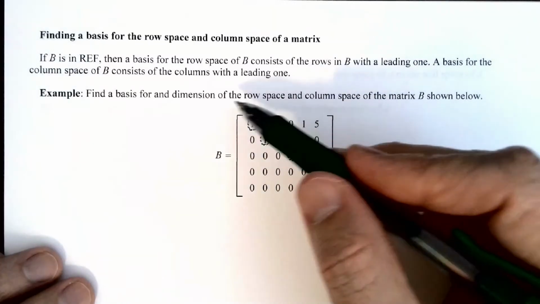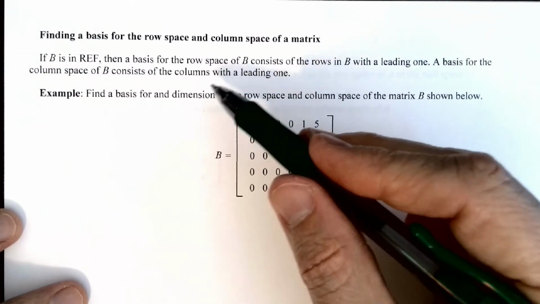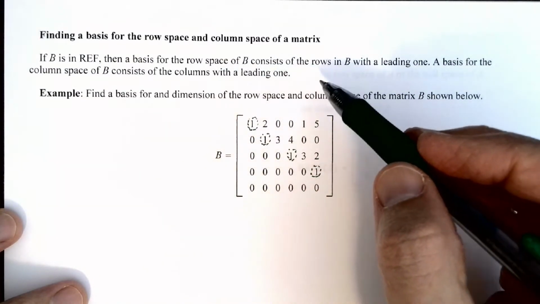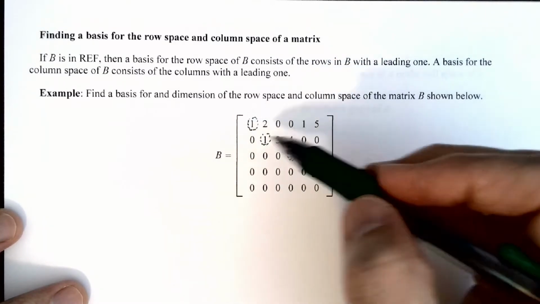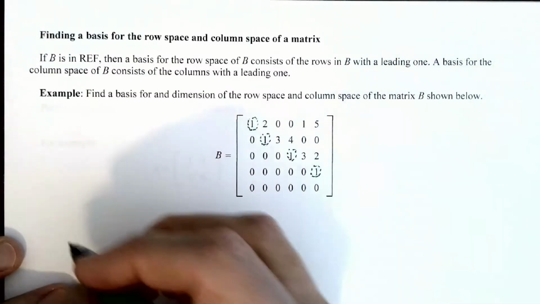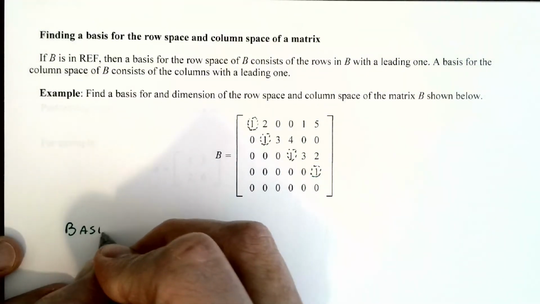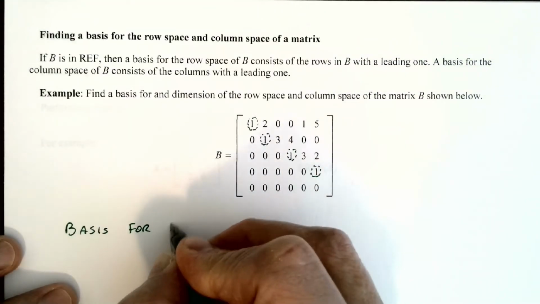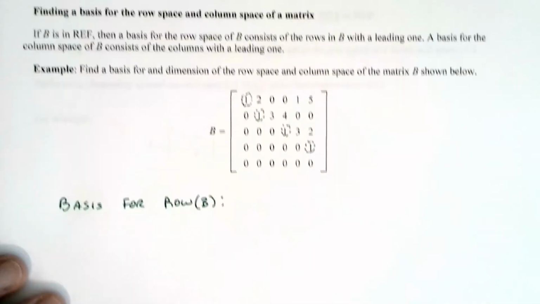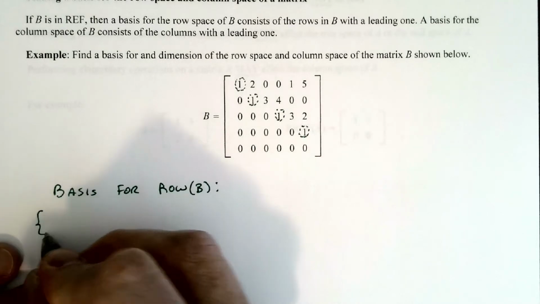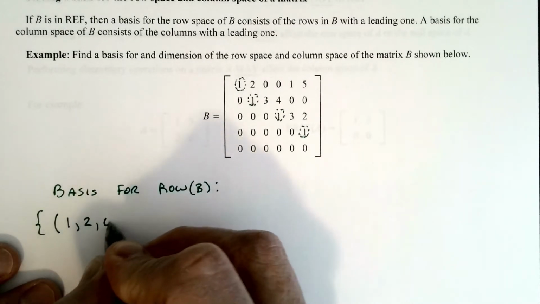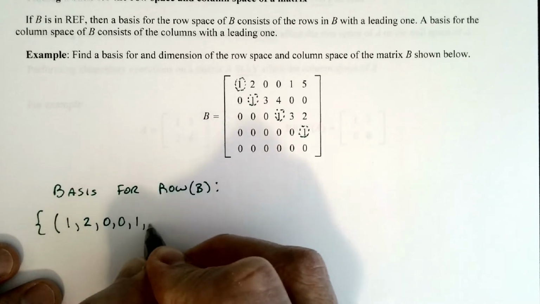So it doesn't matter what we do. Very simple. To find a basis for the row space, we can simply take the rows in the matrix with the leading 1 in it. That would be the first, second, third, and fourth row. So a basis for the row space of B consists of the first row, and I'll write these in comma delimited form.